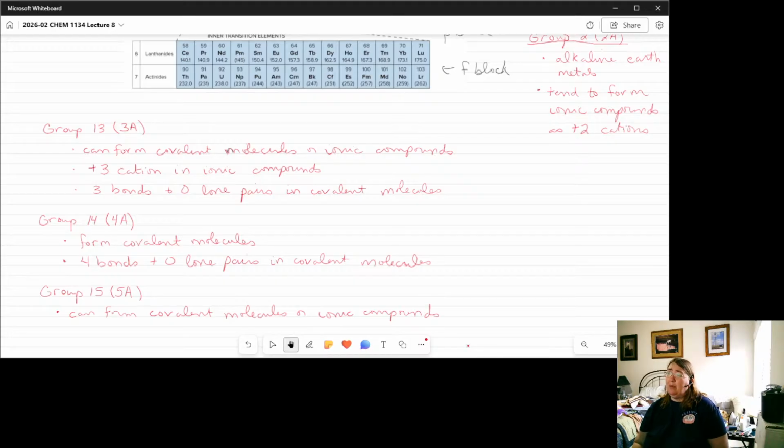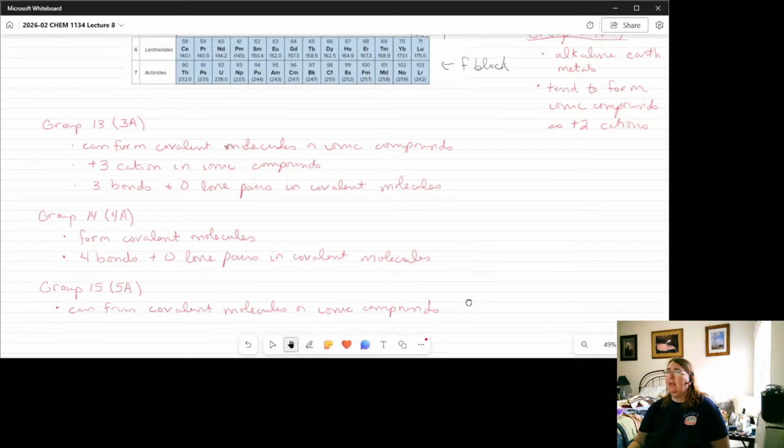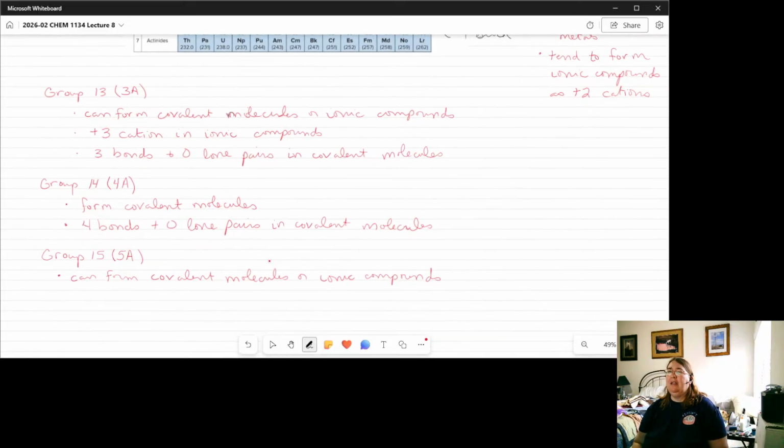It's less prevalent as an ionic compound. So you can form covalent molecules or ionic compounds, but generally it's going to be less prevalent as an ionic compound. And that's because, again, in the ionic compound form, it's a -3 anion.